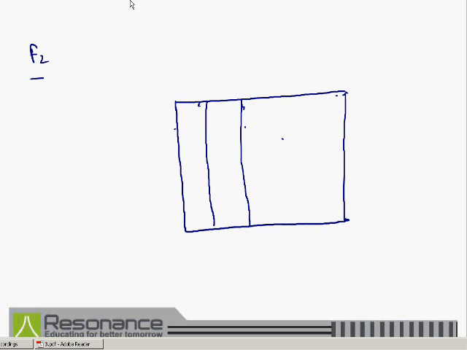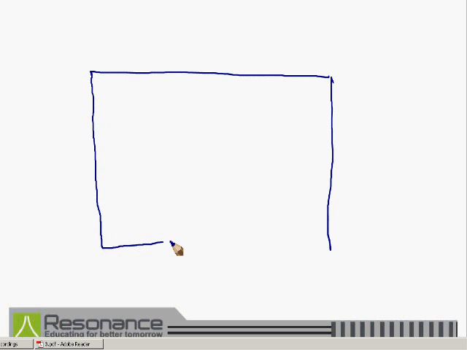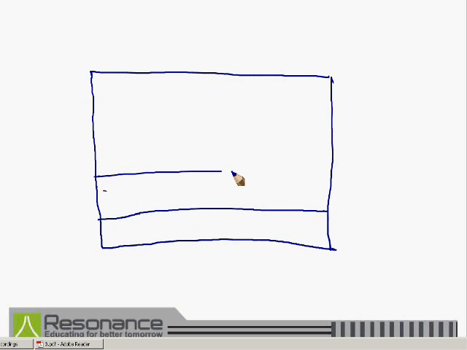I'll draw it again. Four rows and four columns.